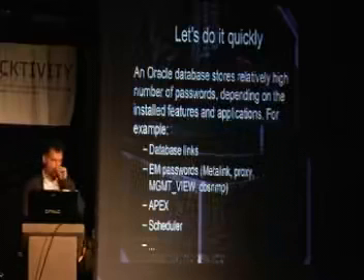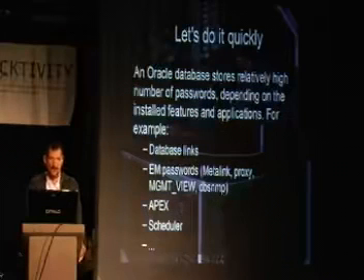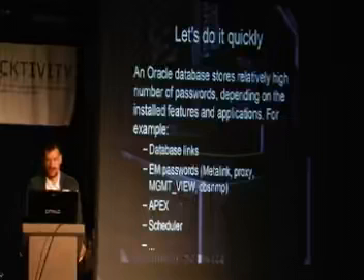So this is the neuralgic point. In Oracle database, a lot of passwords are stored so Oracle can communicate with others. These passwords are needed by Oracle, but obviously they are encrypted. These are the database links that are encrypted.